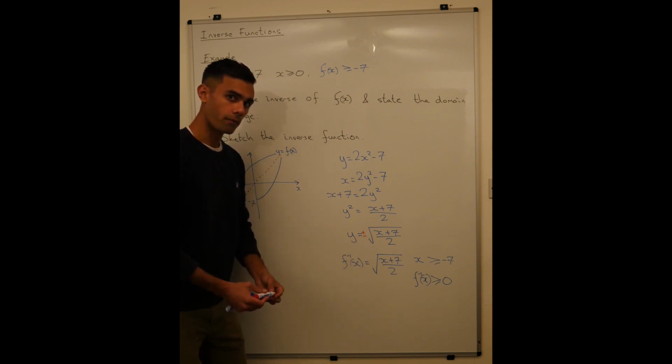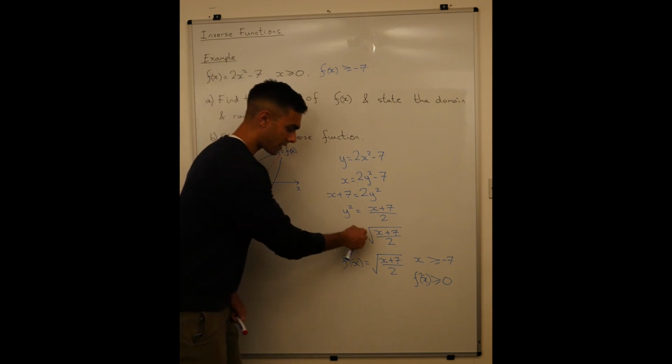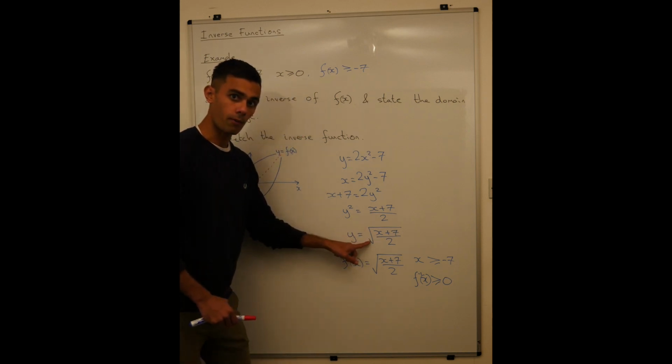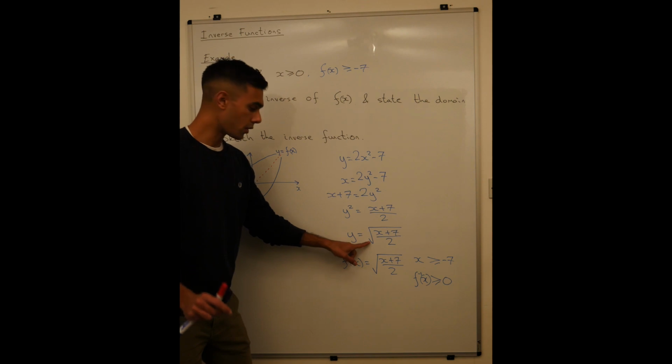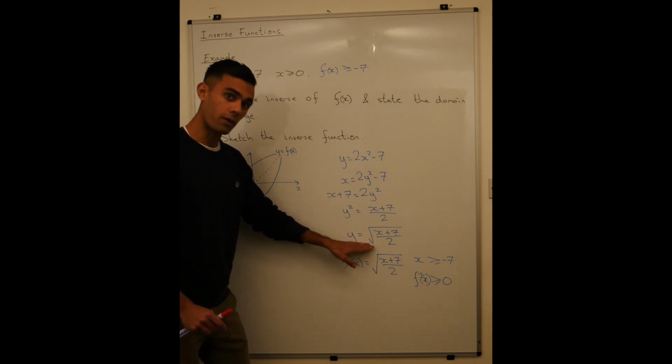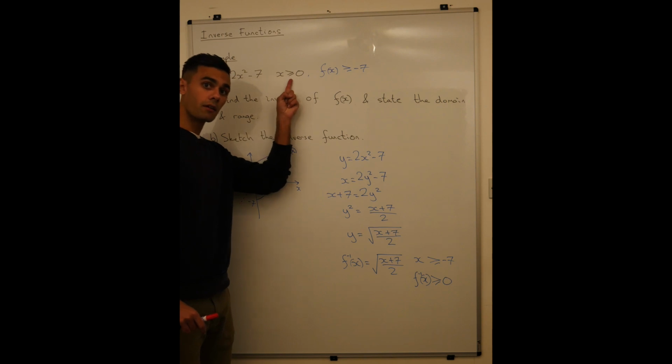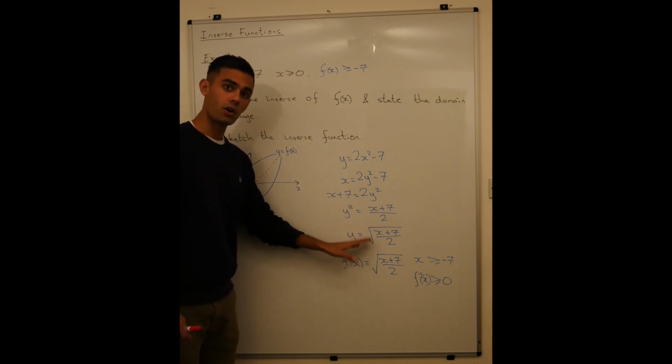Why not? Well, in fact, we are only looking for the positive root, and you know that because the range of the inverse is here. We know it has to map to a positive number, hence we can discard the negative root.